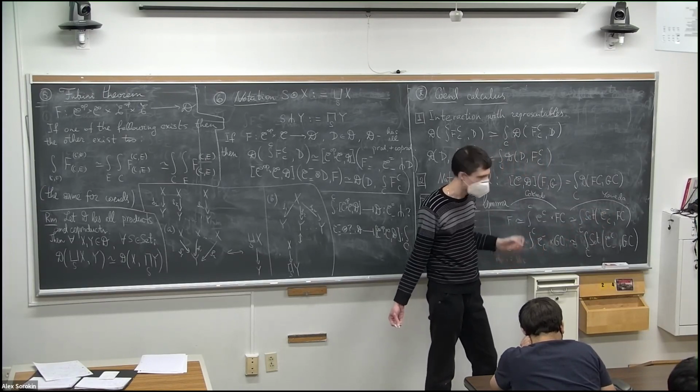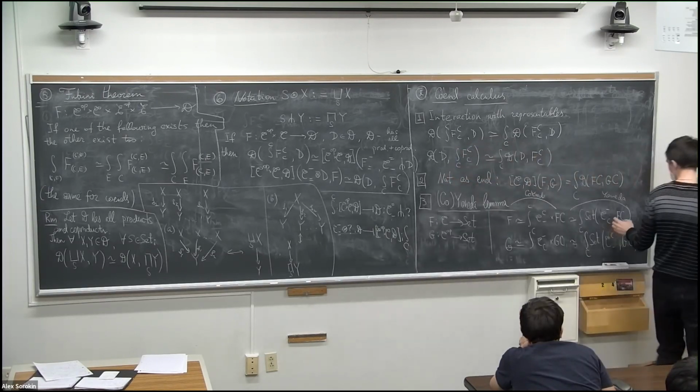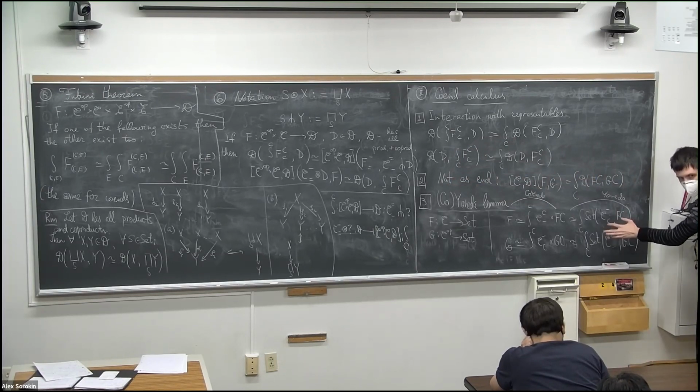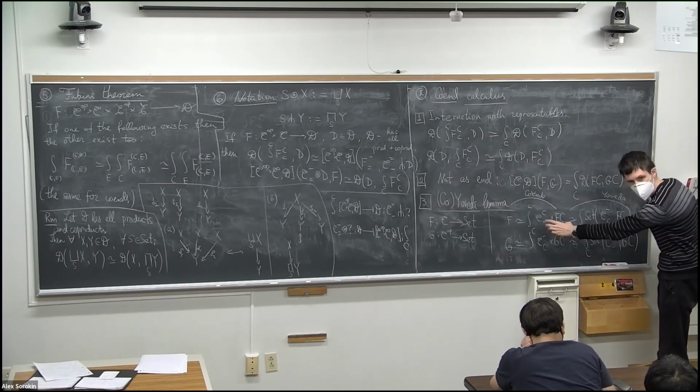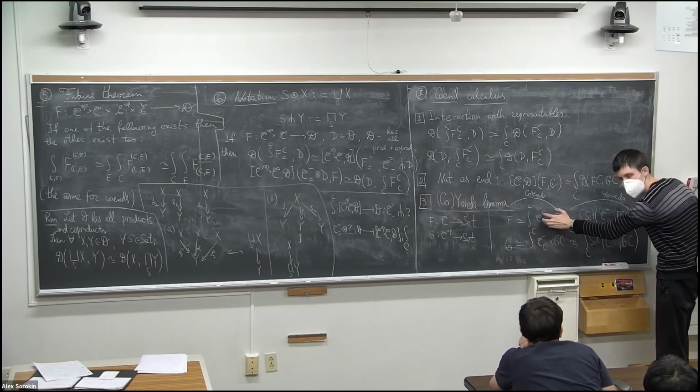So the main thing here: C is covariant and F is also covariant. In the coend, C is covariant and here C is contravariant.